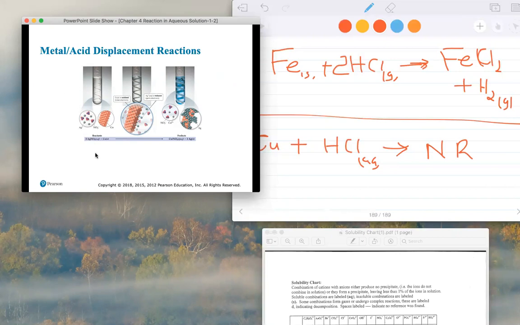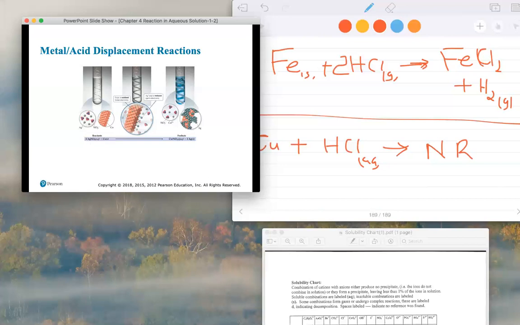Silver nitrate and copper. If we go to the activity series, where is the position of silver with respect to copper and vice versa? Will copper replace silver? The way you look at this is, if copper is above silver, then it will replace.